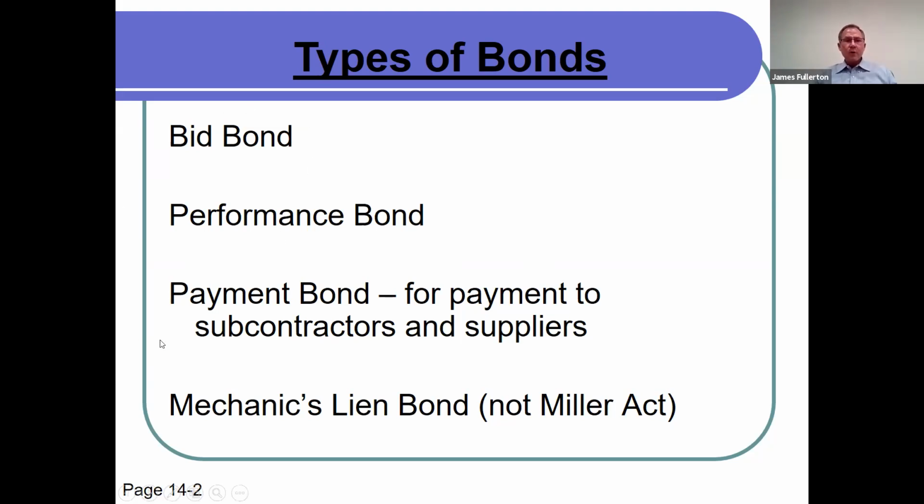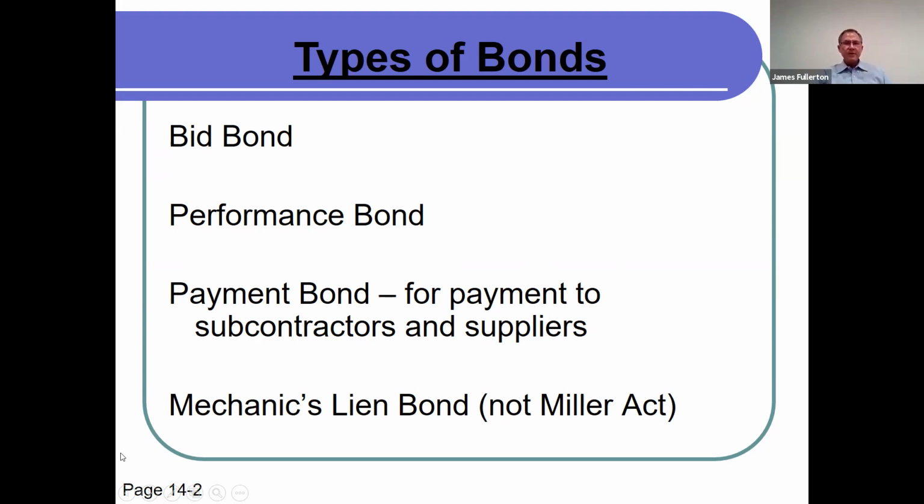So those three bonds usually come in a package where the principal pays a single premium and obtains a bid bond, a performance bond, and a payment bond in one package. They don't usually buy those separately.